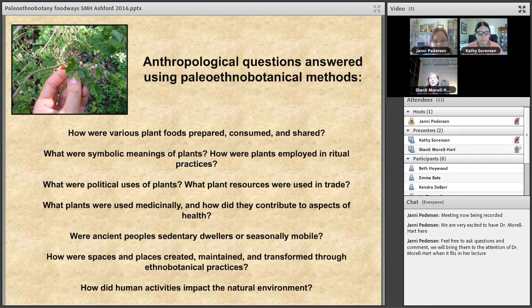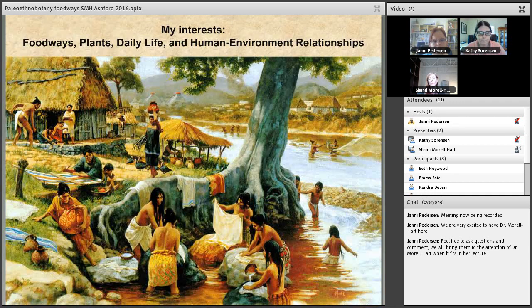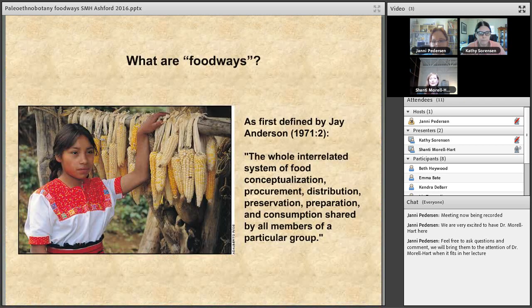These are all critical things that we can think about that are related to plants. There are symbolic meanings, aspects of food, ritualized practice in different ways, lots of different things that we can think about when we talk about plants. My interests specifically have to do with foodways, plants in general, daily life, and human-environment relationships of different kinds. I'll tell you a little bit about that research a little further down the road.